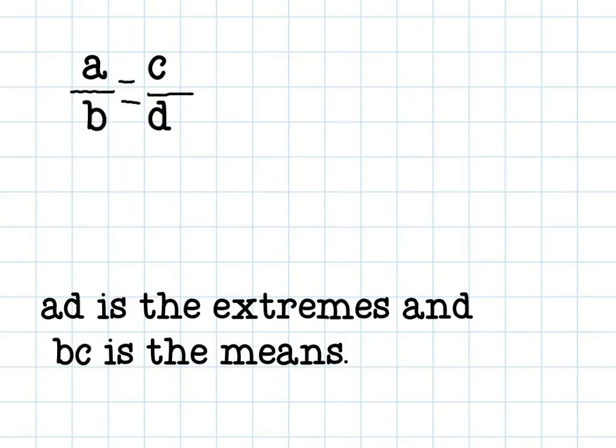You are not required to remember which is the extremes and which is the means. You just need to remember when you cross multiply that A and D are a pair that get multiplied together, and C and B are the other pair that get multiplied together.